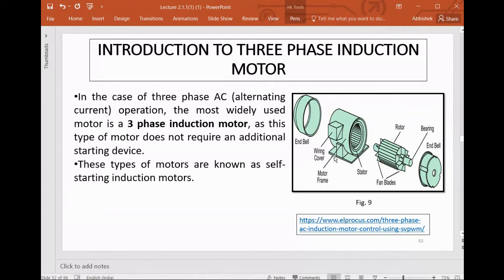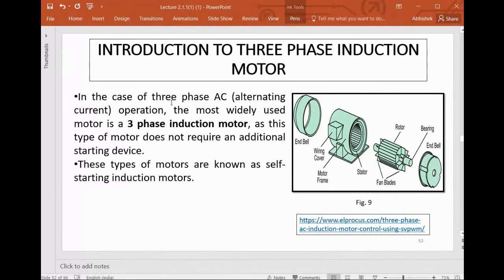The motor frame is used to connect some nuts and bolts to fix the stator part, and this is the stator which is placed right here, and inside this stator we have to place the rotor. On this rotor we place some fan blades to extract the heat from inside the stator part. Then an end bell is used right here to enclose the rotor part inside the body.